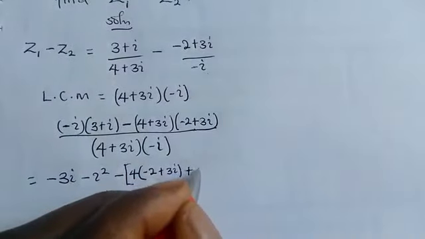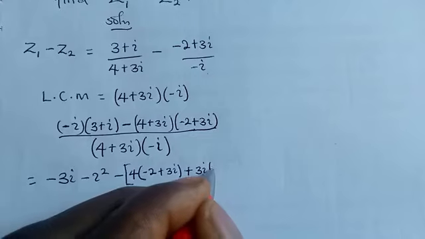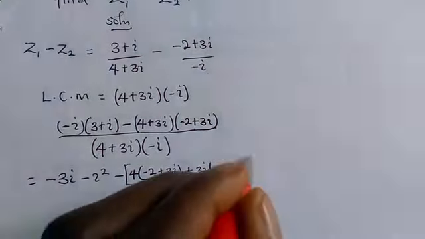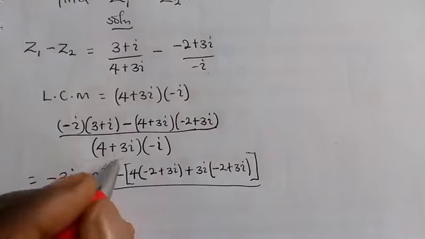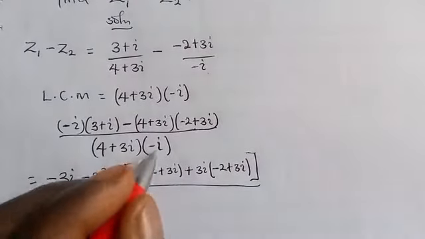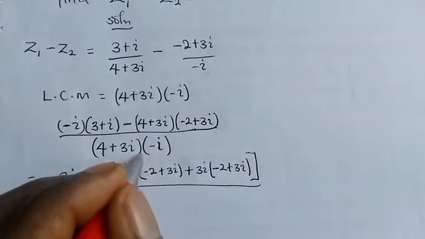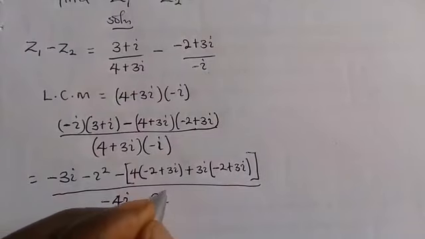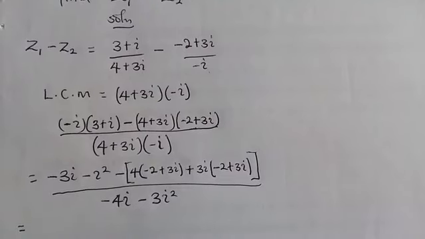Then plus 3i to multiply the content of this bracket also, (-2 + 3i). Then we'll close this up. Divide by 4 times -i, we have -4i. Then 3i times -i, we have -3i squared.